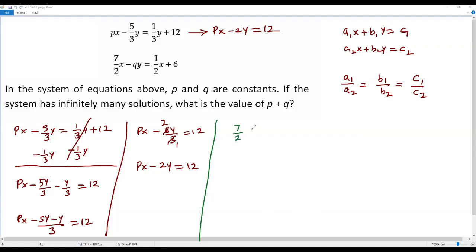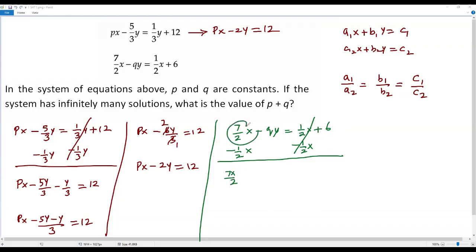That is 7/2 times x - qy = 1/2 times x + 6. Let me subtract 1/2 times x from both sides. When I do so, this positive term and negative term will cancel out. I am getting 7x over 2 here, and this one can be written as negative x over 2, because 1 times x is x, negative qy equals 6.